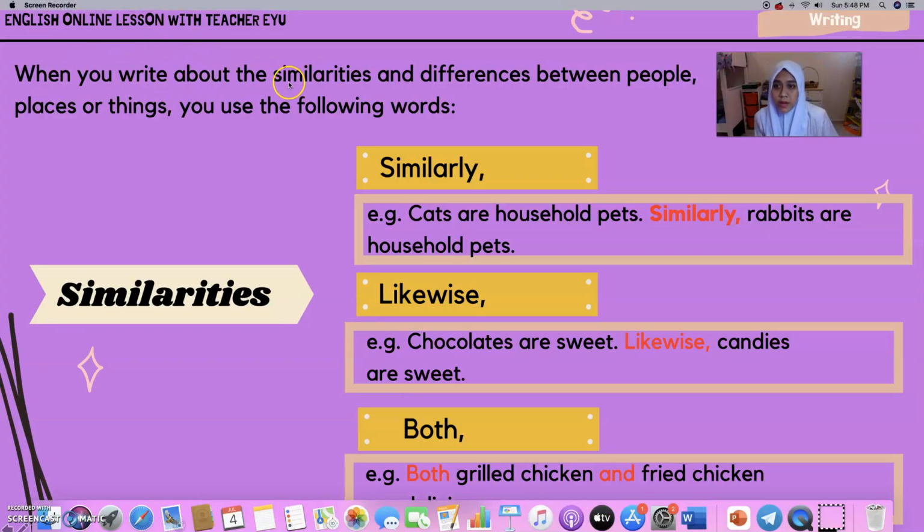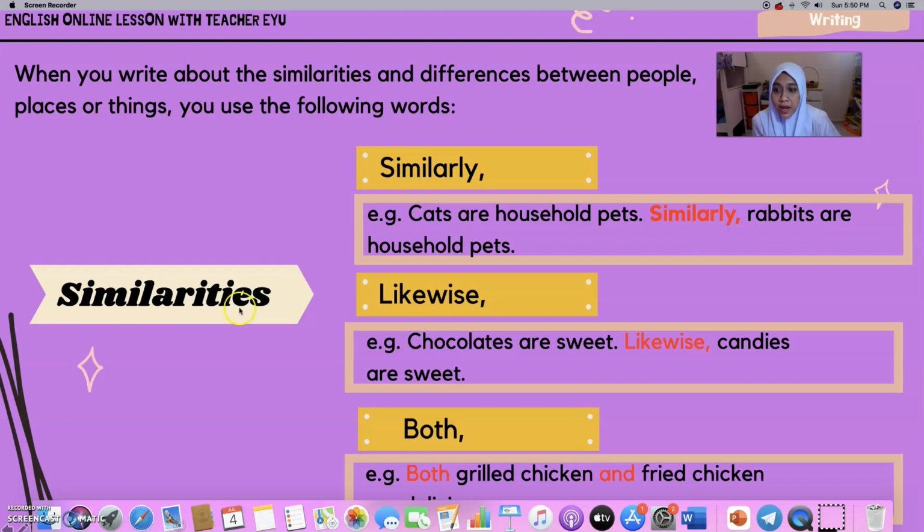When you write about the similarities and differences between people, places or things, you use the following words. Kita nak bercerita tentang persamaan dengan perbezaan between people, orang, places or things, tempat ataupun benda. We use the following words. Kita guna perkataan ini.